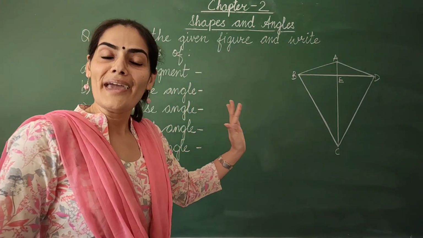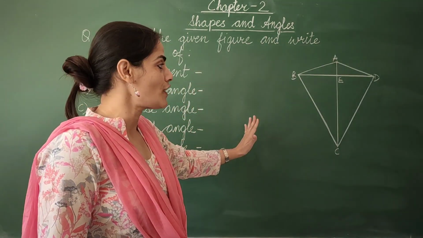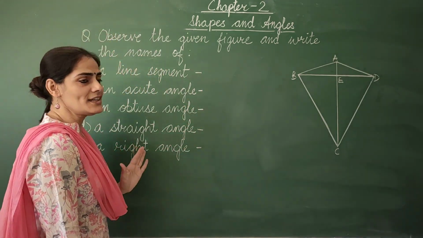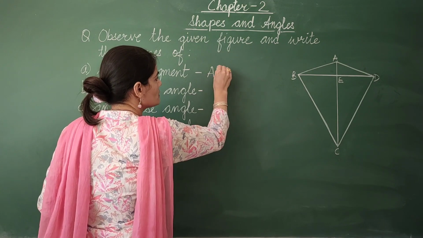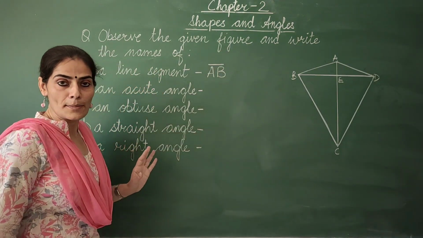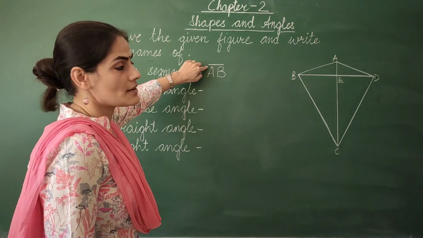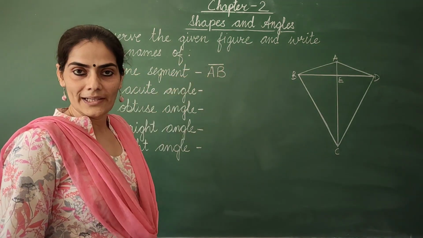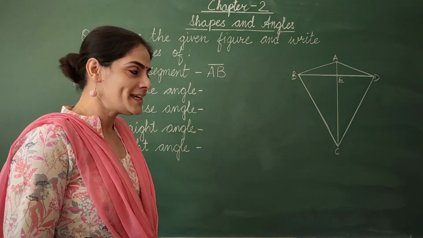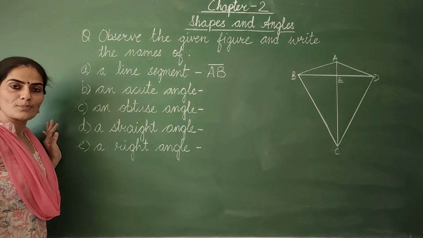So there are many line segments in this figure. You just need to write one. So let's write line segment AB. And what is the symbol? Line segment is represented by this simple sleeping line. Clear, everyone? Let's move to the next part now.